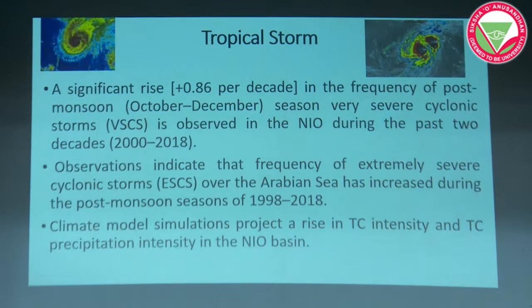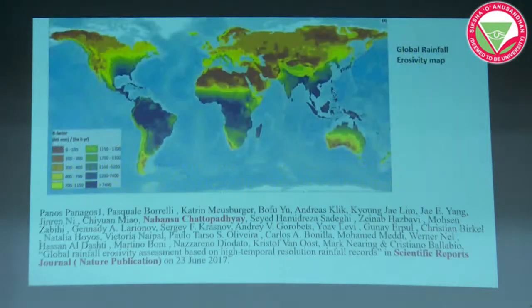Now you see this, whatever the projections are, in the Arabian Sea and the Indian Ocean there will be an increase. And this is a study we made. This will be very, very important from the agriculture point of view, because whenever we have a cyclone or heavy rainfall, the soil is eroded. So with NASA and 26 countries, we have worked on heavy rainfall and calculated erosivity.